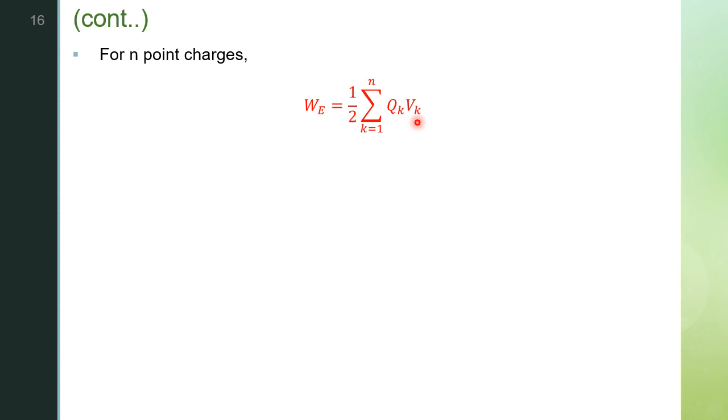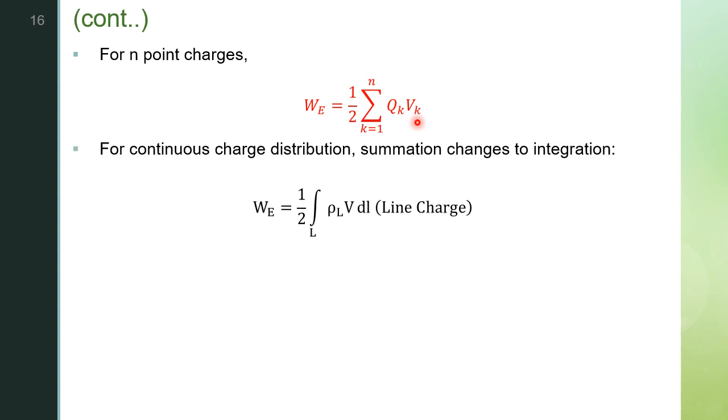Now, if we are considering continuous charge distribution, this summation changes to integration. So, if we are considering a line charge, instead of Q we'll have integral over rho_L dl, that is line charge density, and we should integrate it over the total length.